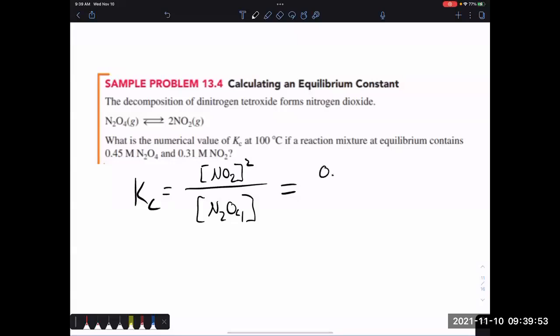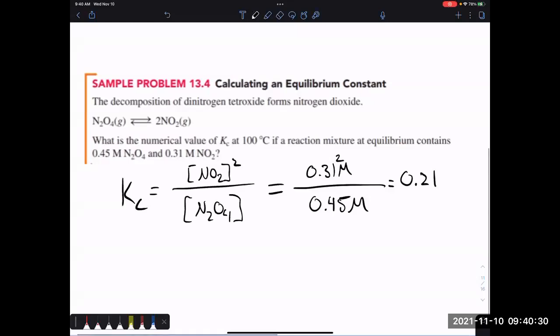We'll get 0.31 molar squared over 0.45 molar. So this is going to be 0.21. So our Kc will equal 0.21.